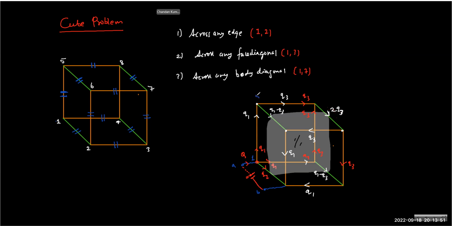I can see 1, 5, 6, 2, 3, 4, 7, 8. At junction 1, there are two paths with the same charge. If the charges are the same, then the potential difference is Q by C. Because C is the same and Q is the same, the potential differences are the same, and therefore you can see which two points will have the same potential.